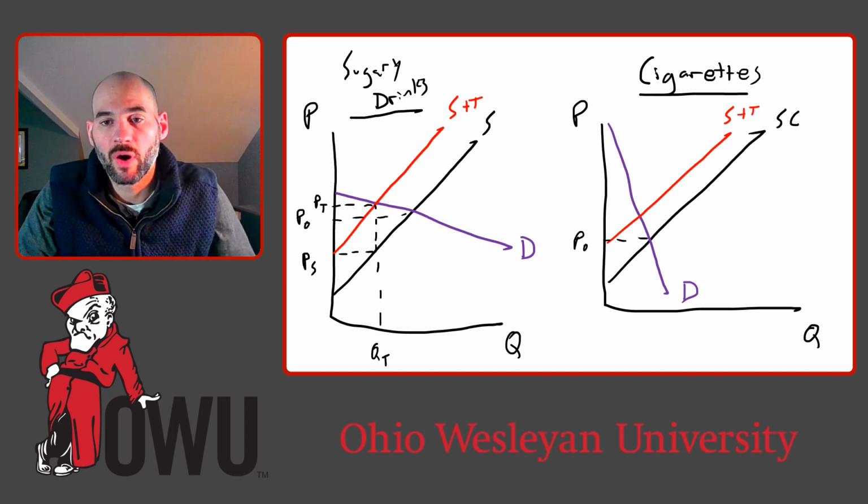When we look at the market for cigarettes, we're going to do the same thing. We're going to find the intersection of the supply curve with the tax and the demand curve, the P with the tax, and we're going to find the intersection with that quantity.